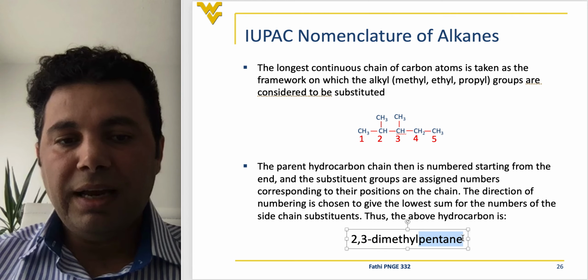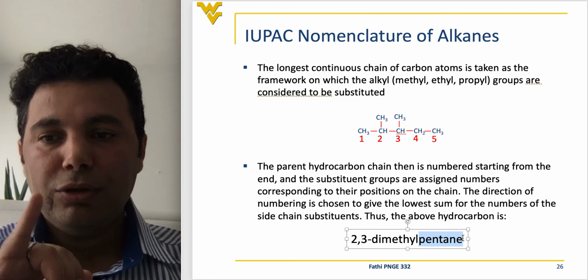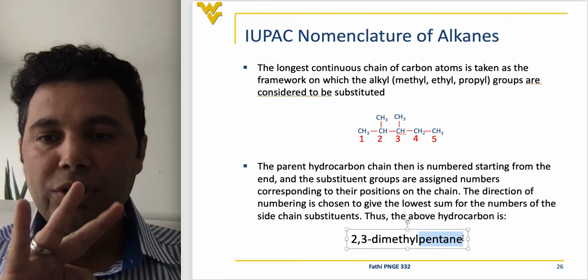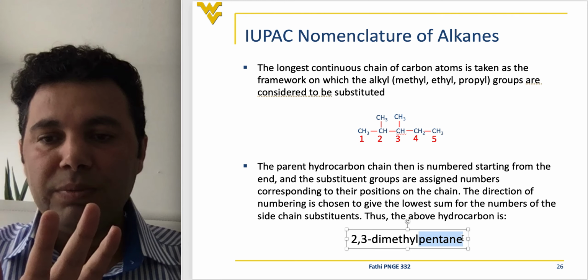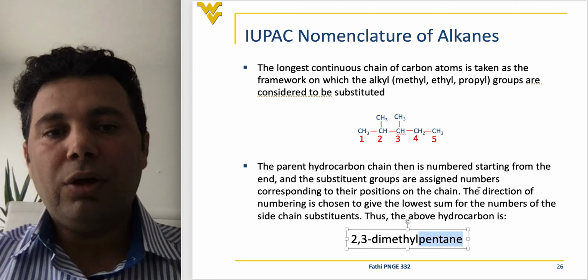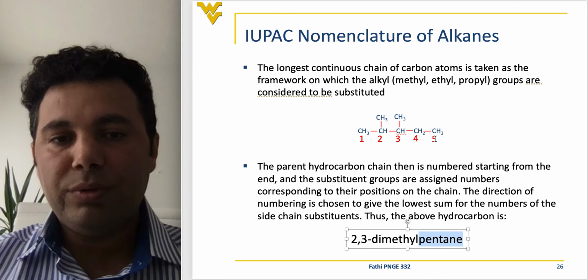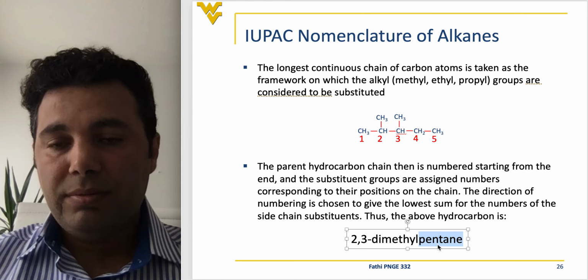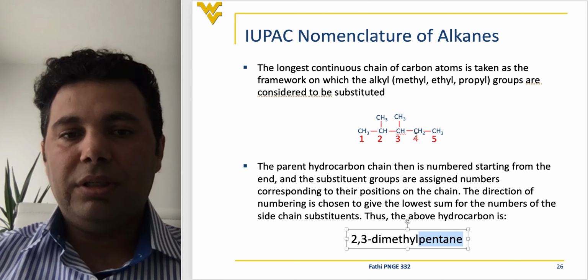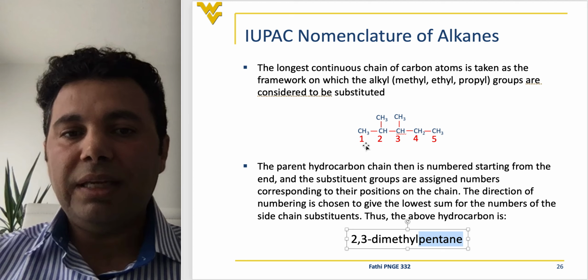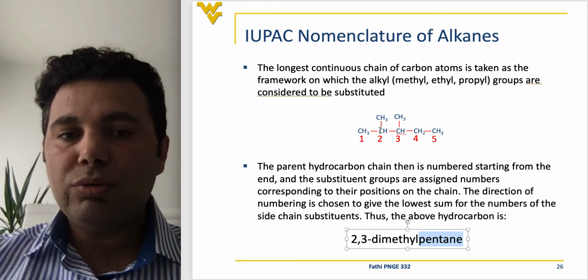Remember, if I have 1 carbon, it's methane. 2 carbons, it's ethane. 3 carbons, propane. 4 carbons, butane. 5 carbons, pentane. So the longest chain has 5 carbons, so the name becomes pentane. Now I need to number the carbons. I number them from the end which is closest to the branch.